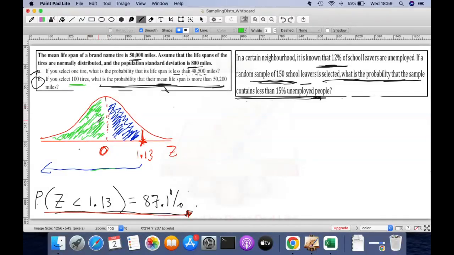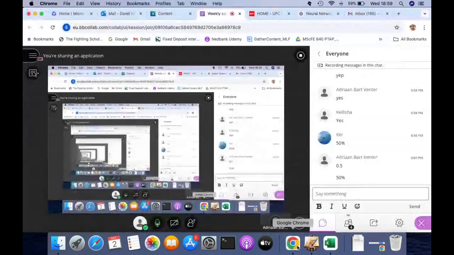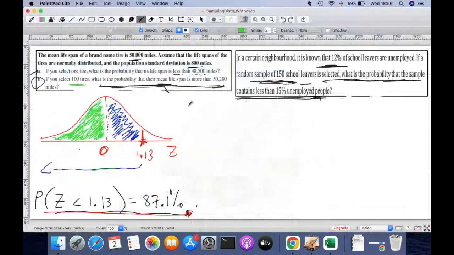So what is the size of the green area? Very good. It's 50%, so the green area is 50% or 0.5, however you want to write it. And the only thing left to work out now is the blue area.